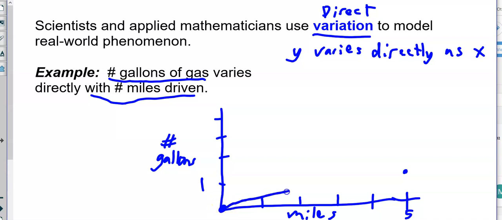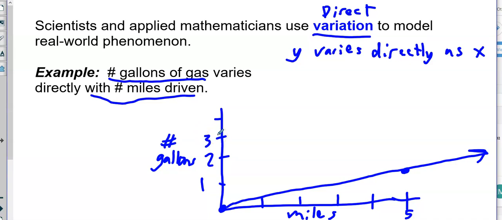So this would be a linear line if you're getting 5 miles per gallon. Your graph might look something like that, where every time you go 5 more miles, you would have to use another gallon of gas. You might go 10 miles and use 2 gallons, 15 miles, use 3 gallons, etc.